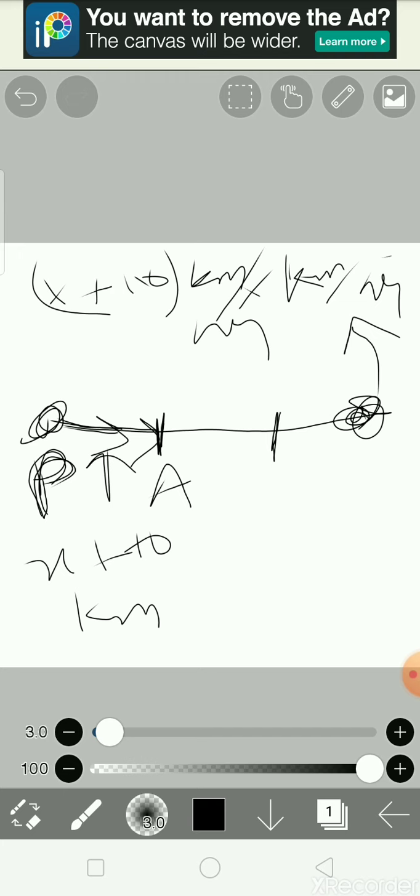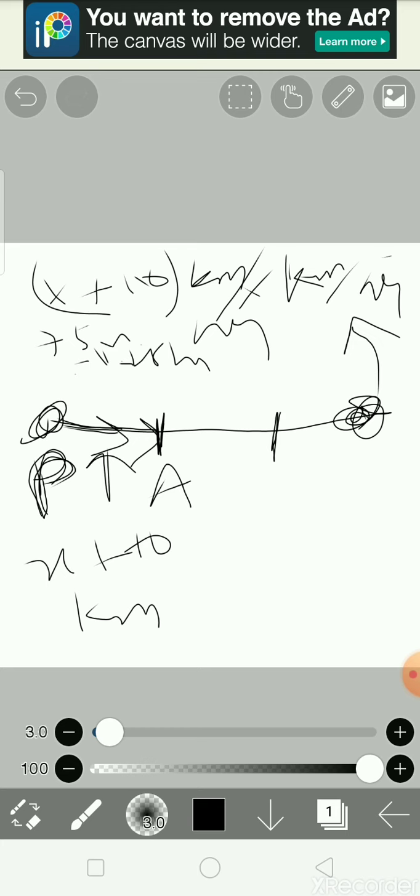Now the car Q has started and both travel for 1.25 hours, as 75 minutes can also be written as 1.25 hour.